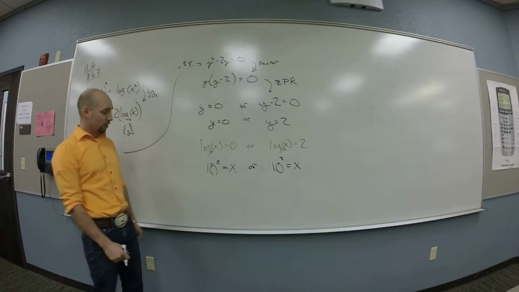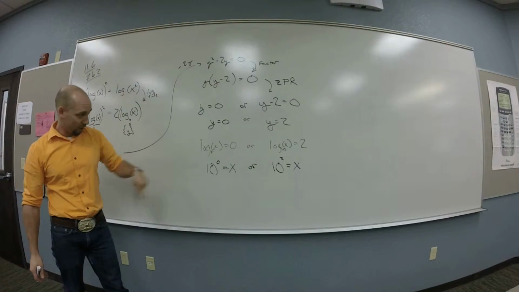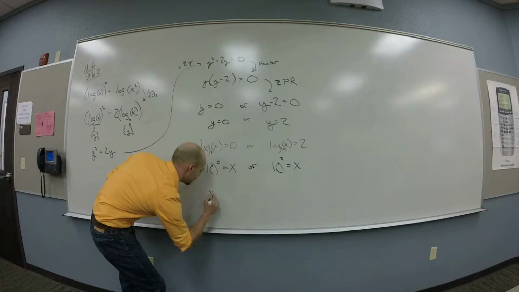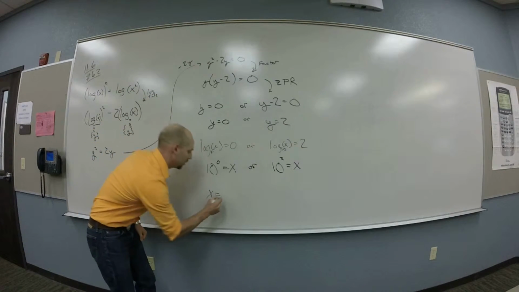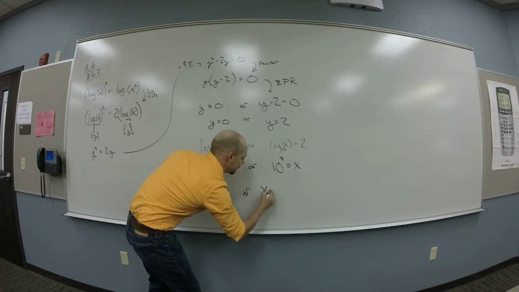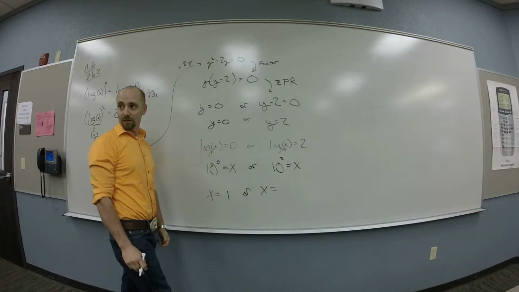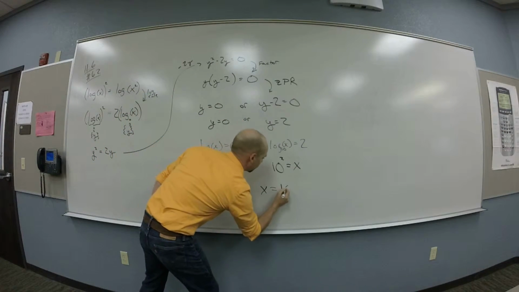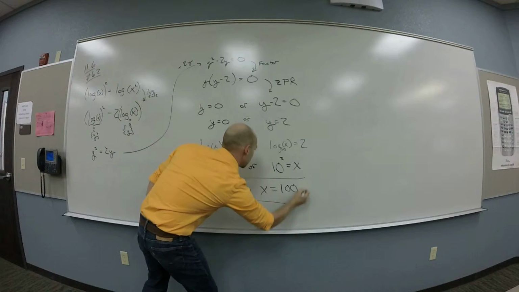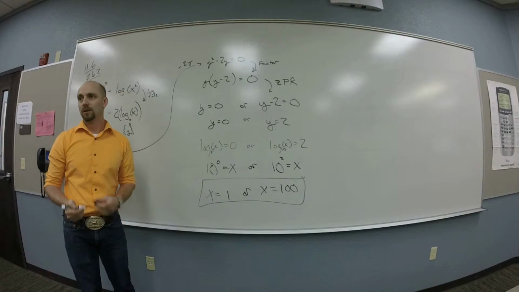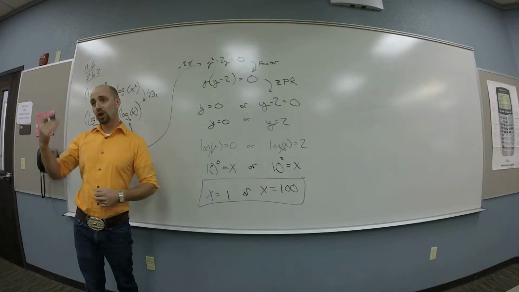Okay, so rephrasing, maybe simplifying these, what did I get? I got x is 1, or x is, what's 10 to the 2? 100. So I could check these to make sure I was right.